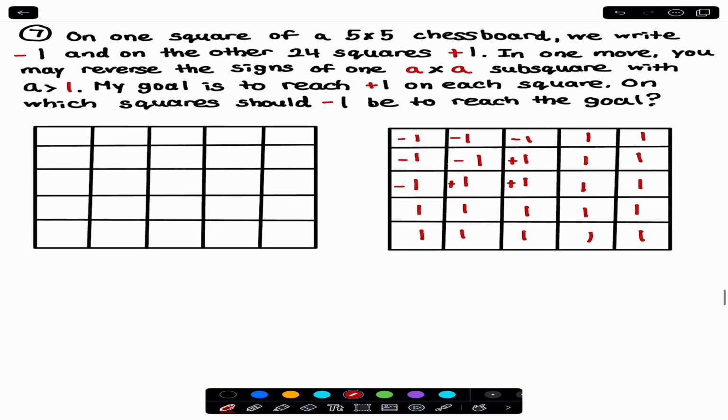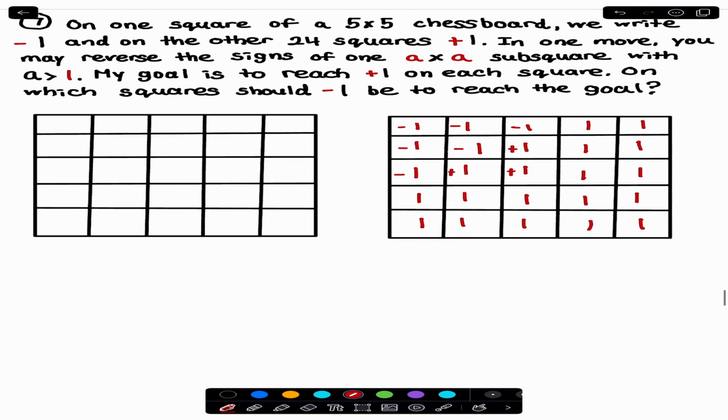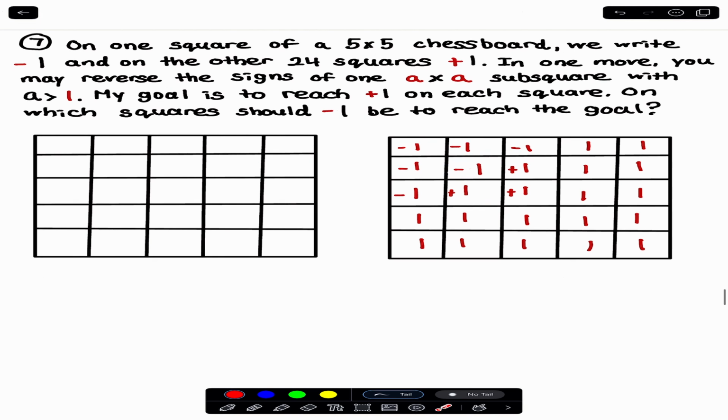Okay, so now that we know what it's sort of like, you can try it out on your own, but I'm going to guess that you might not have much success if you followed my example. So if you chose negative 1 to start here, I believe I chose this square as negative 1.